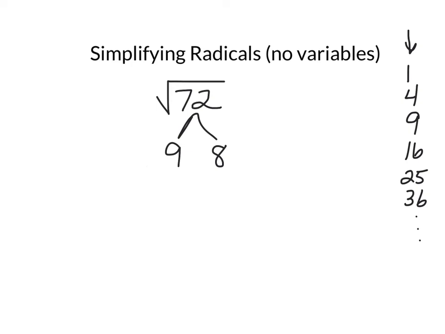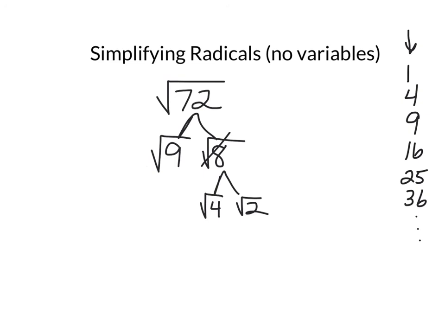And then we might say that this is 3 square root of 8, but we would not be correct. Why? Well, look at the 8. Does the 8 have a perfect square that divides into it? You should say, oh yeah, we can put a 4 in there. So the 8 becomes the square root of 4 times the square root of 2, because 4 times 2 is 8.